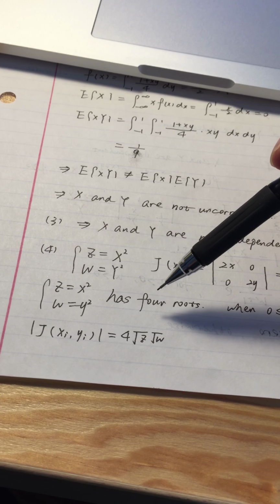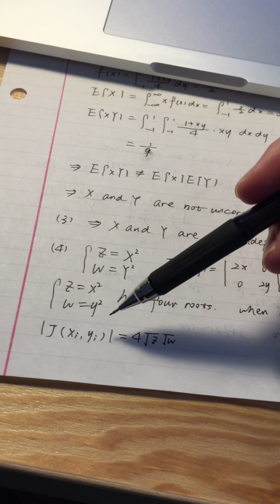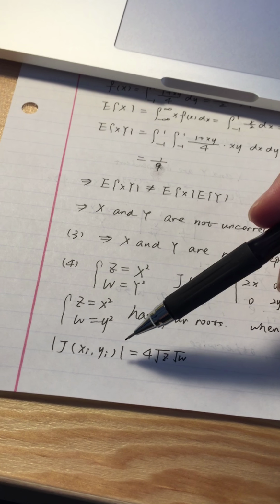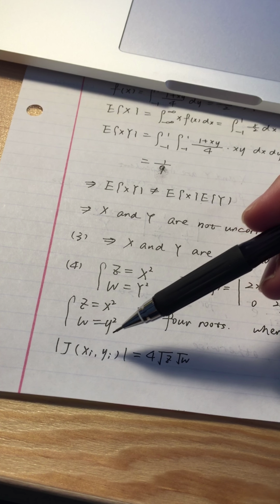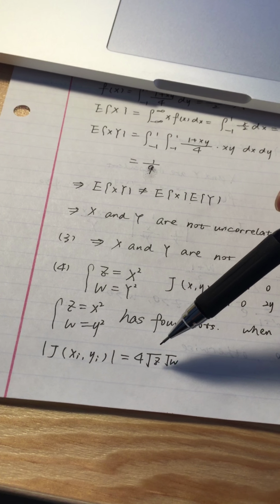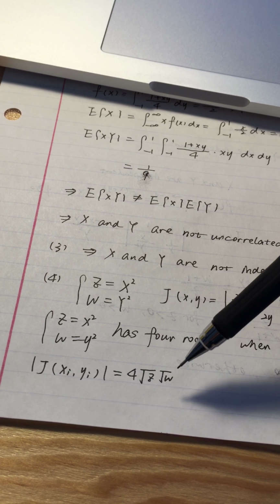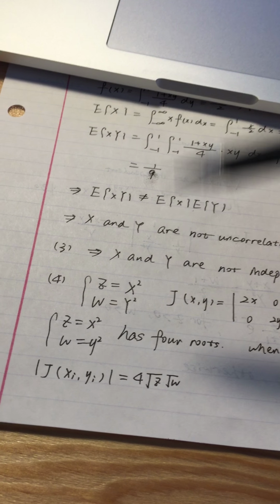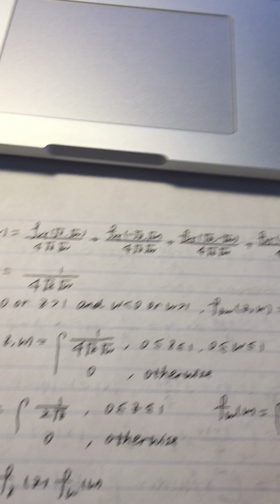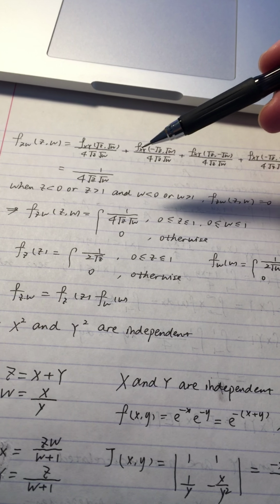So we can have 4 pairs of roots, but the absolute value of the Jacobian of x and y will all be this value. So we can get this.